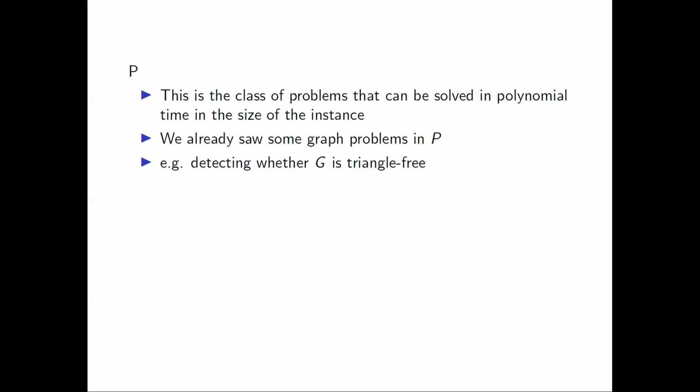We can see that this one is in P because we can search through all triples of vertices in G and check whether there are edges between all of the vertices in each of those triples. And if none of those triples have edges between all of the vertices, then the graph will be triangle free. And if there's any triple that has edges between all of the vertices, then there's a triangle. So it's not triangle free.